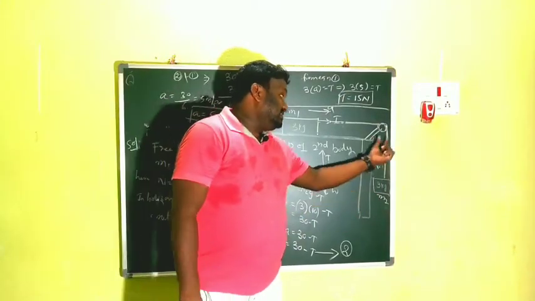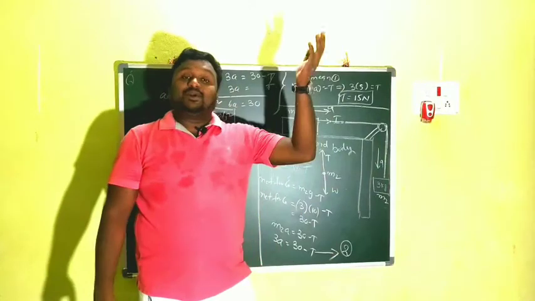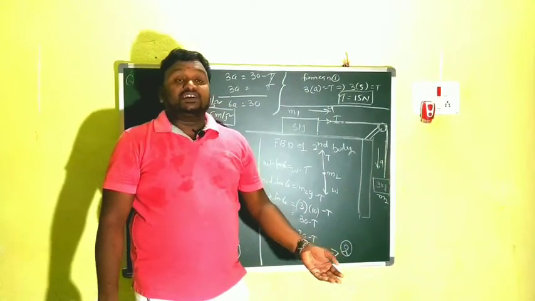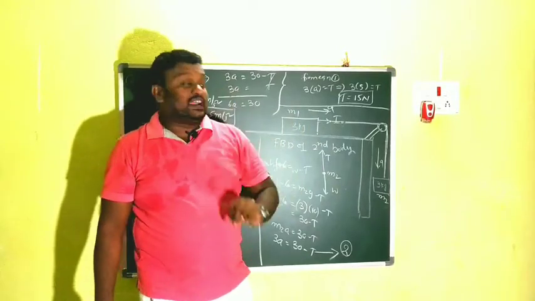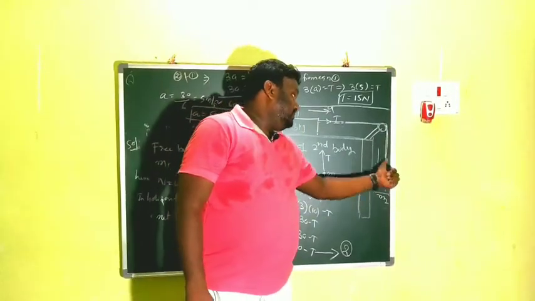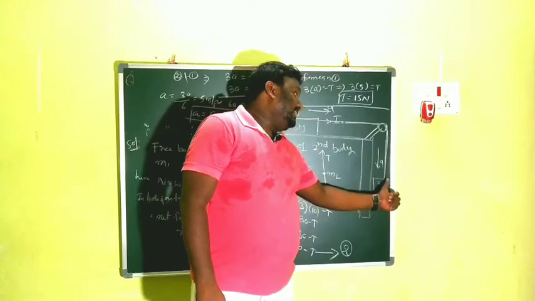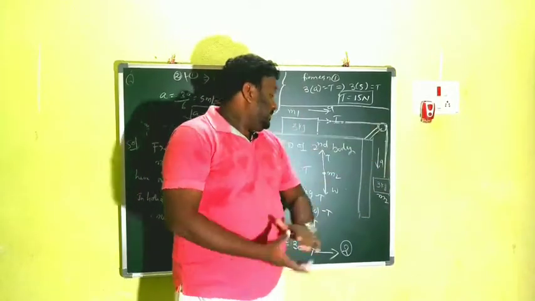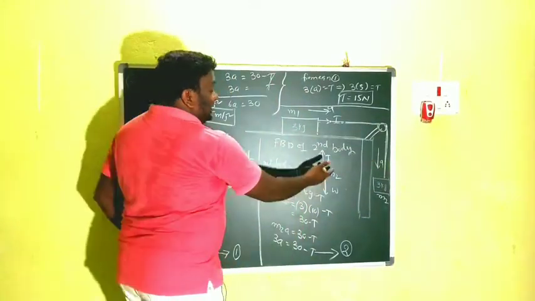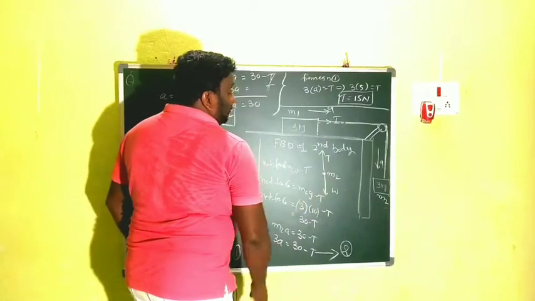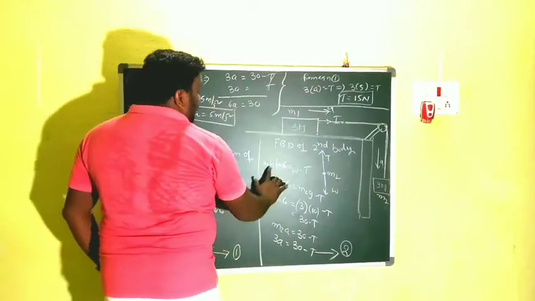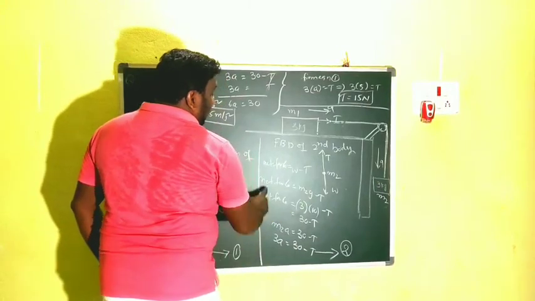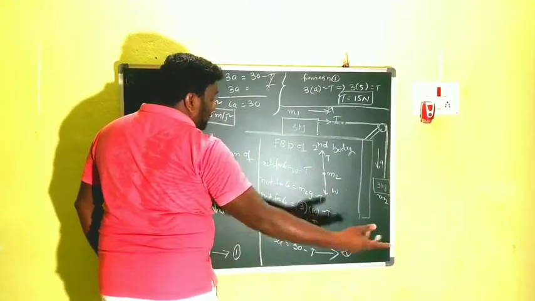Now I am going for the second body. The second body is suspended like this. The second body is moving downwards and it is a suspended body. That means on that body two forces are acting: weight downward and tension upward. Even though these two are acting, the object comes down. That's why the net force is equal to W minus T. And again net force is equal to F is equal to ma formula.